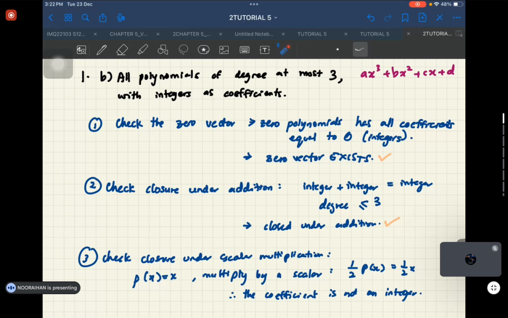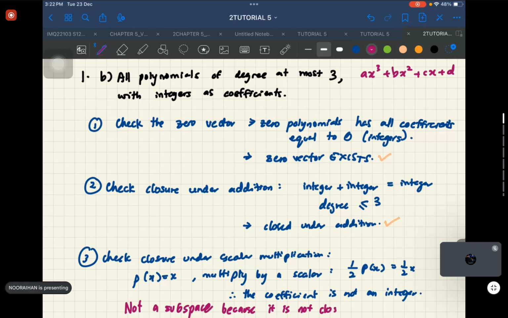So we can conclude that this is not a subspace because it is not closed under scalar multiplication. So that is question number 1B.